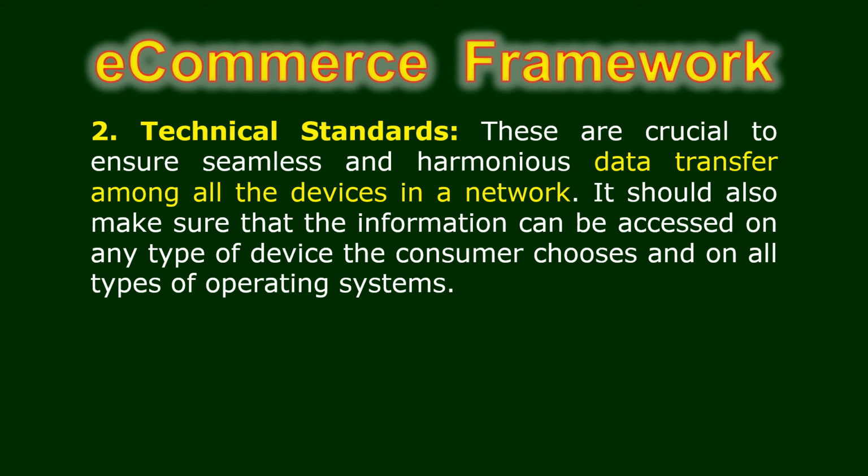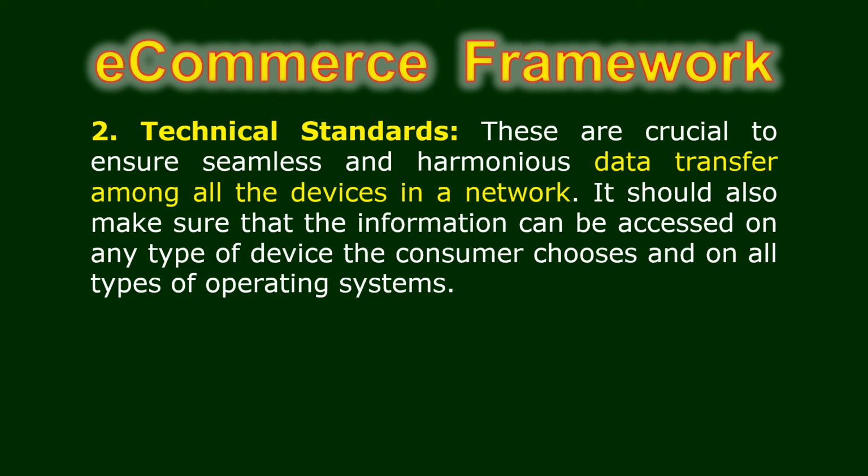And the second pillar is technical standards. These technical standards are required to ensure seamless and harmonious data transfer among all the devices in a network. So a network may contain different types of devices, and it should also make sure that the information can be accessed on any type of device the consumer chooses and on all operating systems.